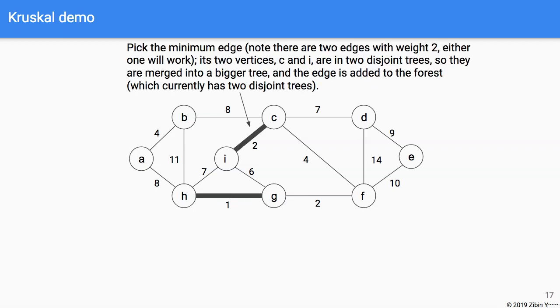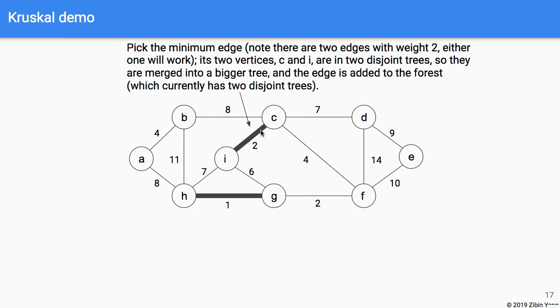Okay, so the next edge we're going to pick out in the sorted increasing order would be an edge with weight 2. Now, there are 2 of them. It really doesn't matter which one we pick out. This algorithm will work. So let's say we pick this edge, and we look at the vertices of this edge, I and C. Well, they are in 2 disjoint trees, so we merge these 2 vertices into one bigger tree, and we take this edge and put it in the forest.